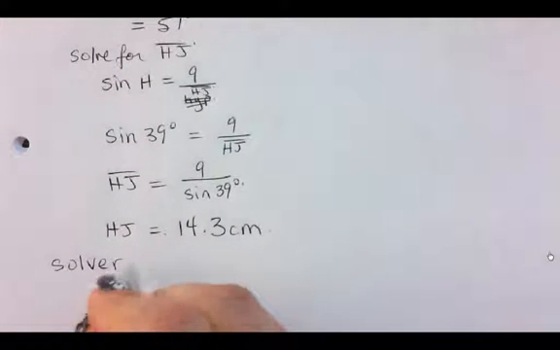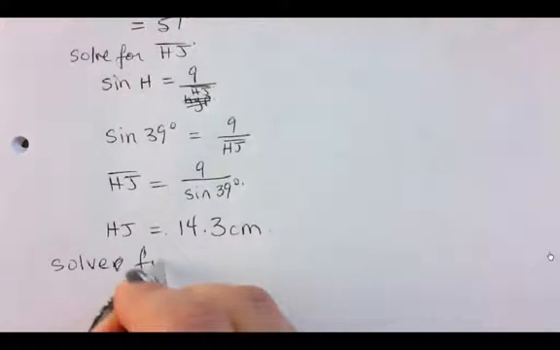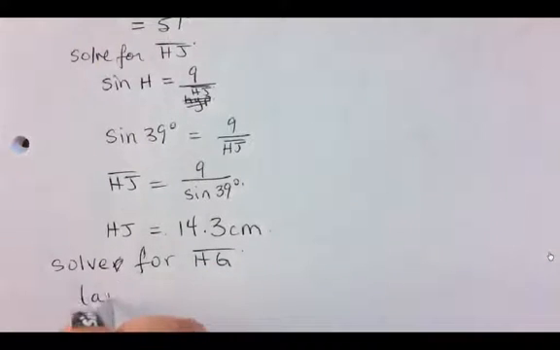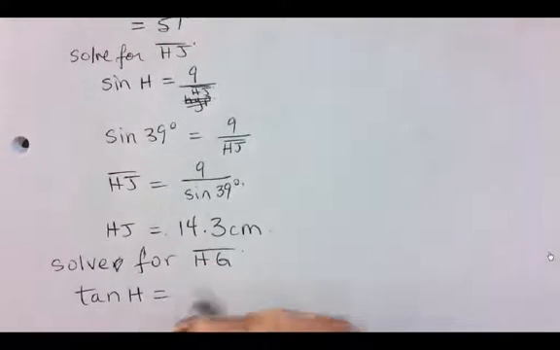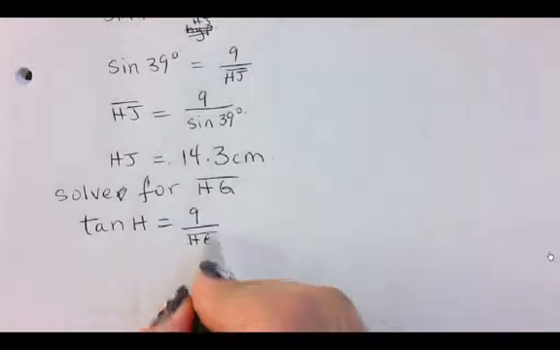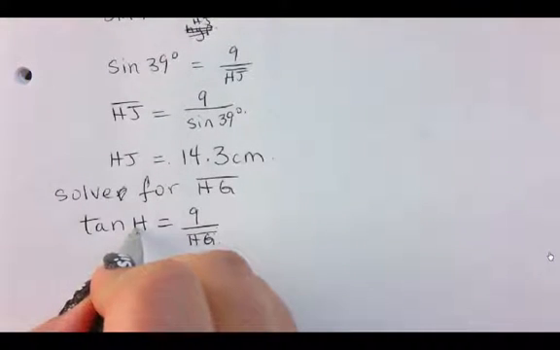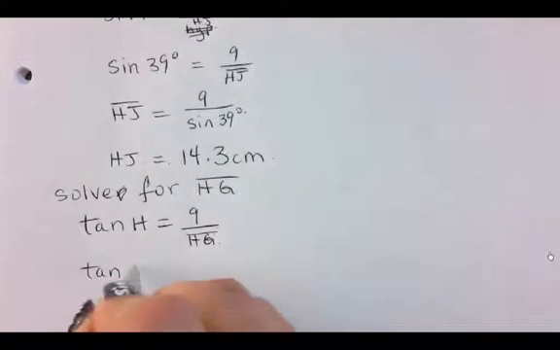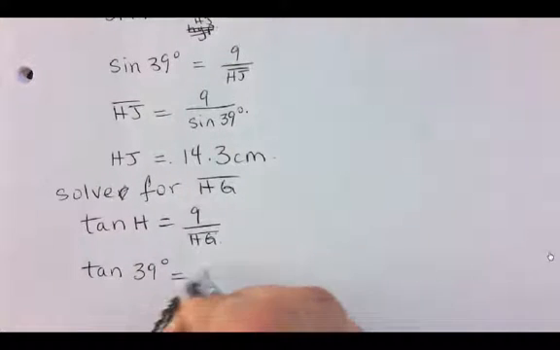So solve for HG, and I'm going to use tan H equals opposite, which is 9, over HG. Again, I've got my unknown on the bottom here, so instead of tan H, what can I write in here for the H? 39 degrees, put in the actual number.